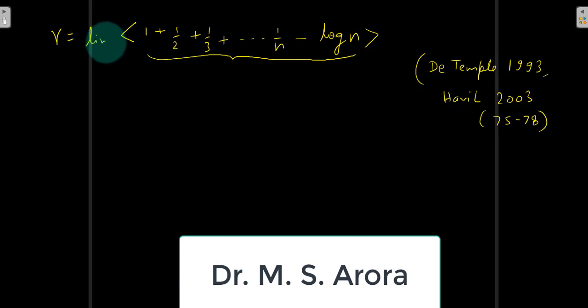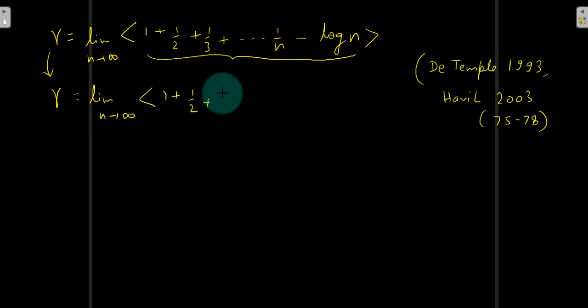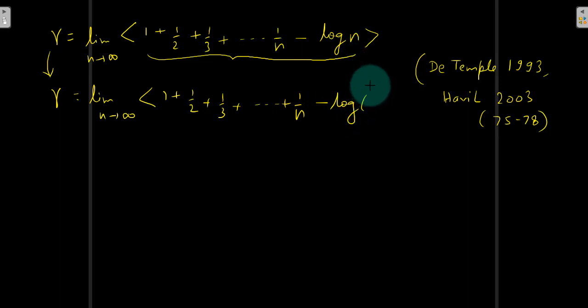You will find that the Euler constant gamma, which is actually the limit of this sequence, as a generalization, is the same Euler constant gamma as the limit of the sequence 1 plus 1 over 2 plus 1 over 3 plus up to 1 over n. The only difference is that now we do not have log n here, but we have log of n plus alpha, where alpha can be anything greater than minus n.